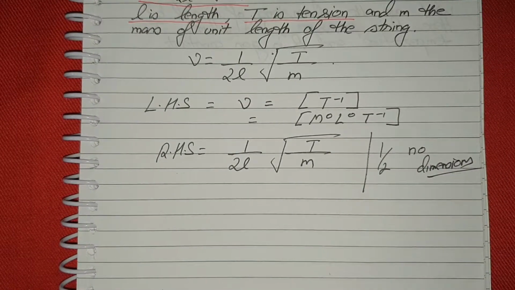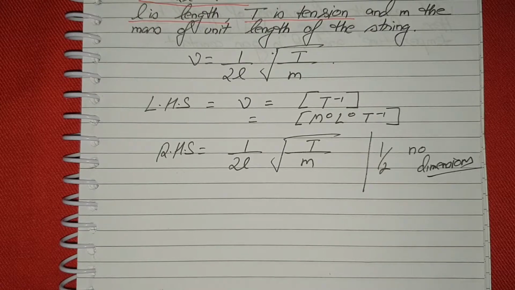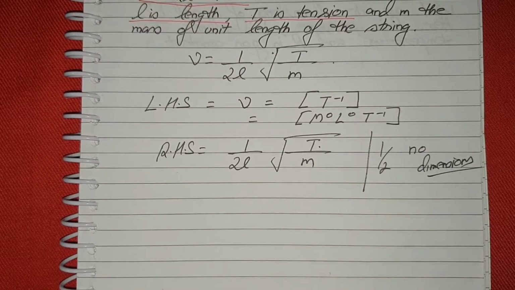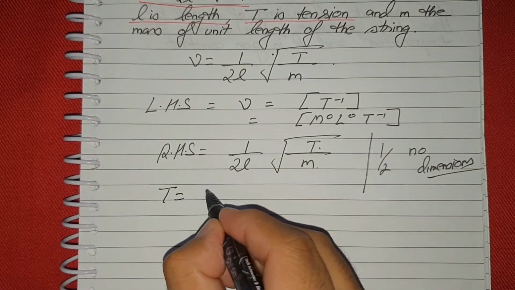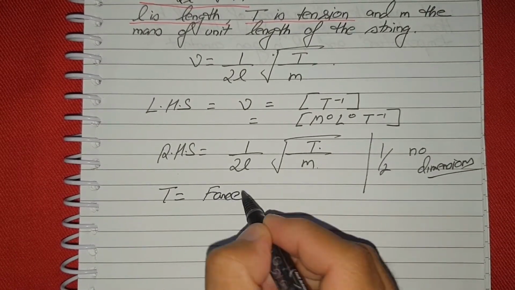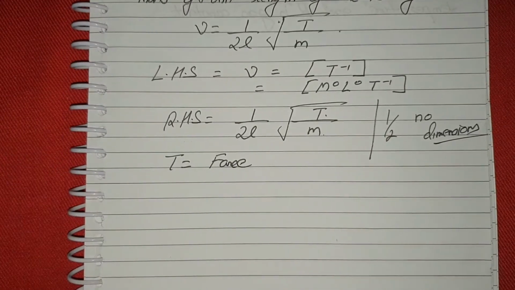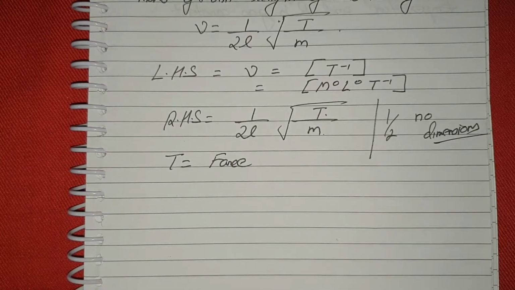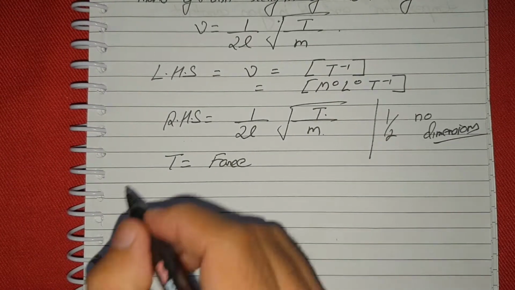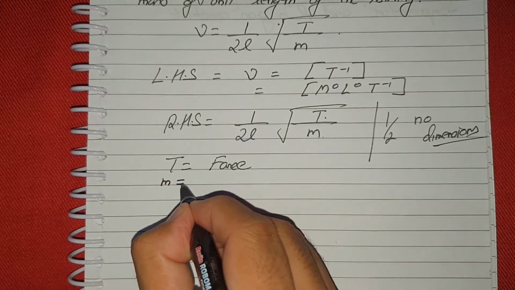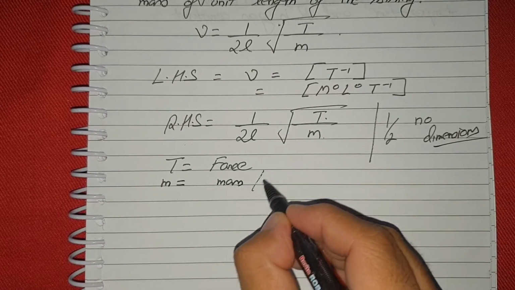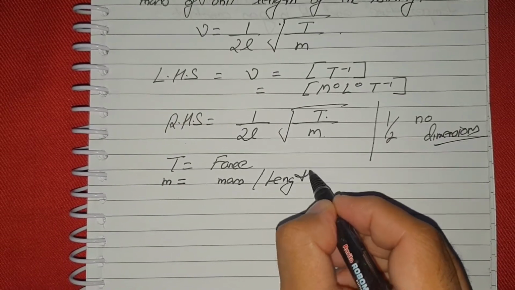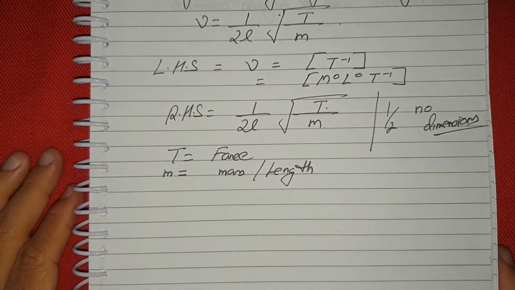This tension T is basically force. Tension is the force on the string, so its dimension will be that of force only. Now M is mass per unit length, so M is actually mass by length.